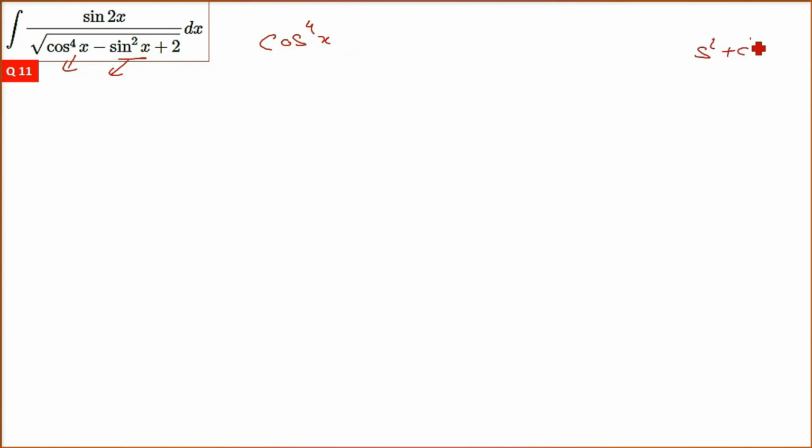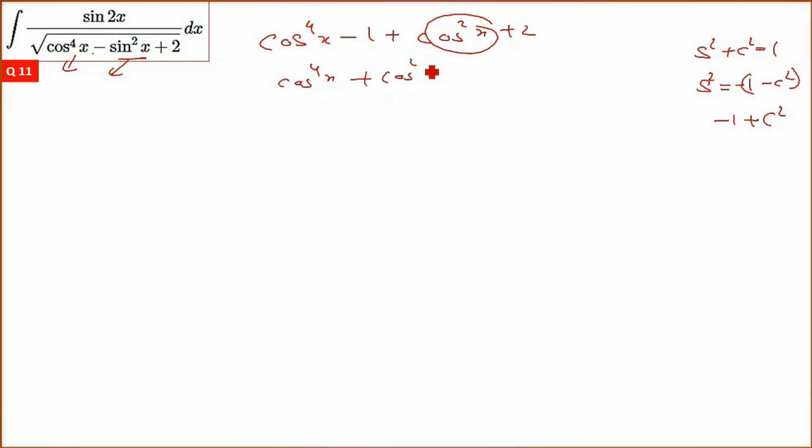Because sine square x plus cos square x equals 1, sine square x can be written as 1 minus cos square x. So if you take this minus, it will be minus 1 plus cos square. So you can write it here, minus 1 plus cos square x plus 2. So this will be cos raised 4x plus cos square x, and this 2 and minus 1 will become 1.